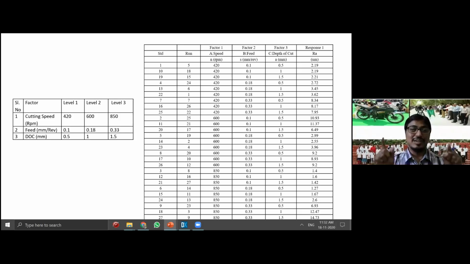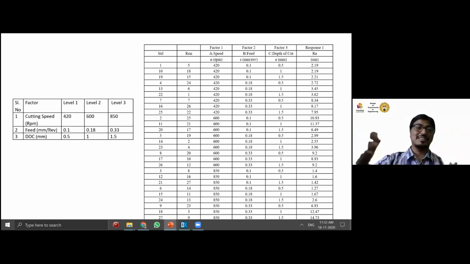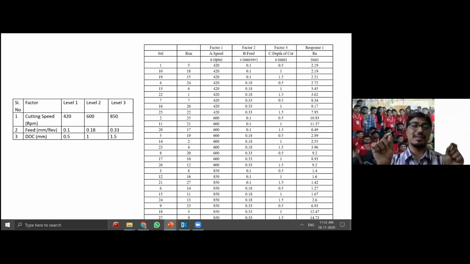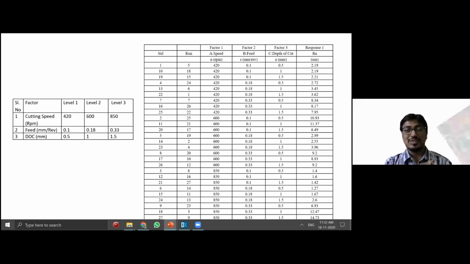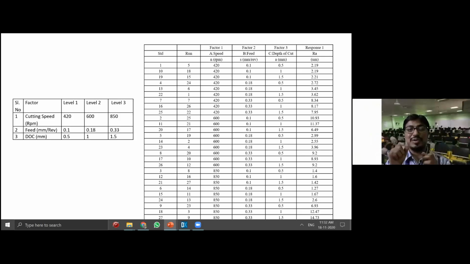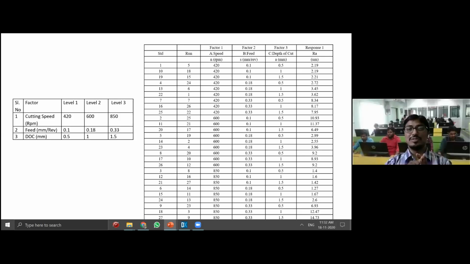In between, how it is varying, I don't know. So I need to consider a point which is in between. Then only I will know the trend.